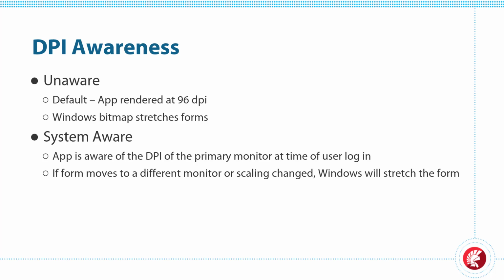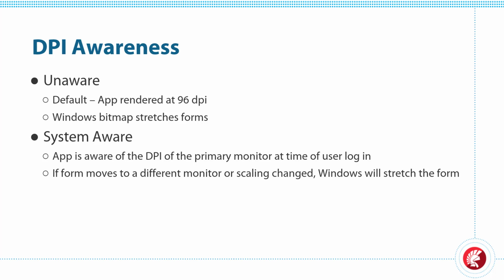It's another manifest setting. You can set it inside your project options. This is interesting, and goes way back in how Windows has evolved. It simply means that when you launch your application, regardless of which monitor it starts up on, it will get the DPI scaling value of the primary monitor the user logged into.